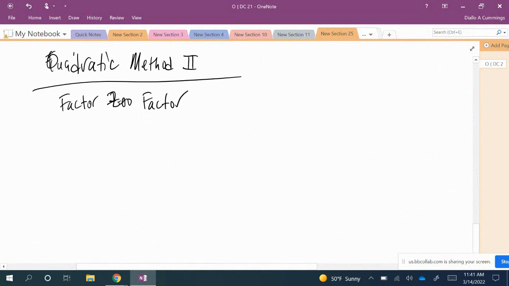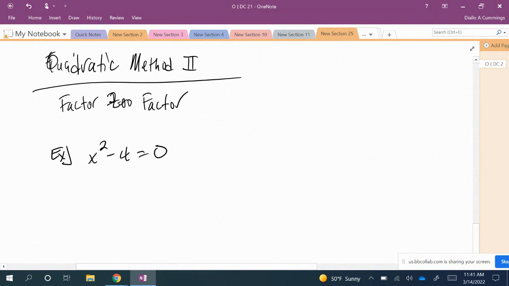All right, so just a quick example using an algebraic equation, x squared minus 4 equal to 0. So notice before we used the square root property, right, because we isolated for the square. However, you could factor and use the zero factor property, right?